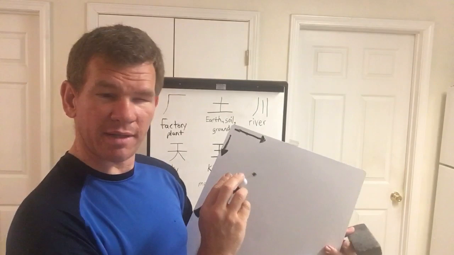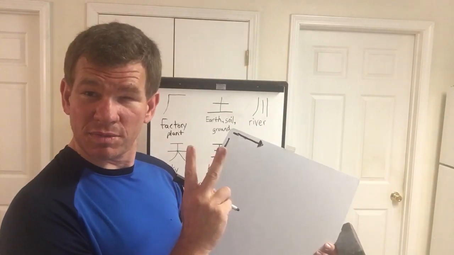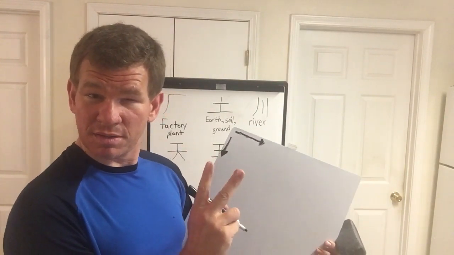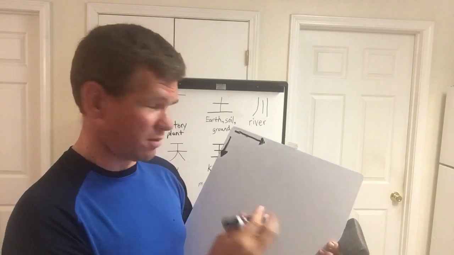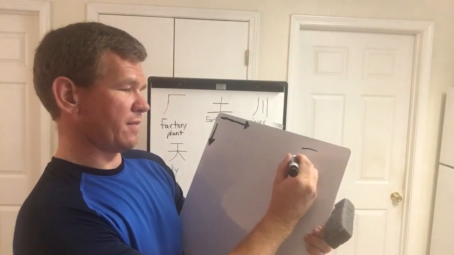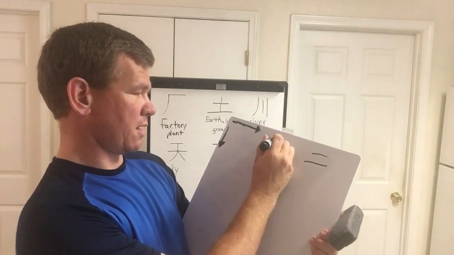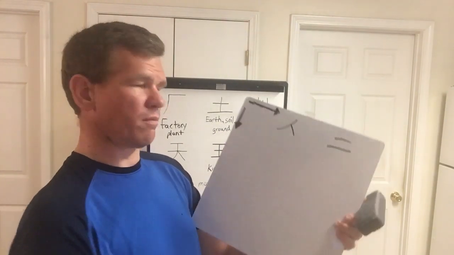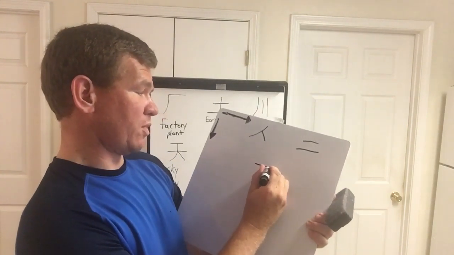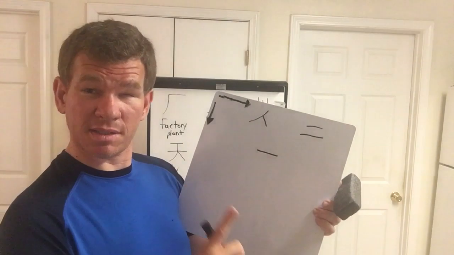Sky. Alright, this has 2 parts to the character. So, you guys remember the number 2. And person. Put them together. So the top one is smaller than the second one. You start on the top, we're going to go down.